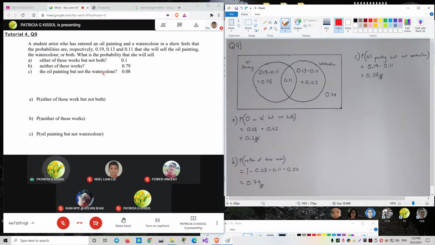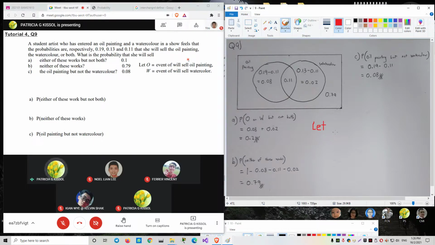Before we proceed with answering the question, it would be best to identify certain information first. For example, it would be best to have a legend: we label O as the event that she will sell the oil painting, and W the event to sell the watercolor painting.